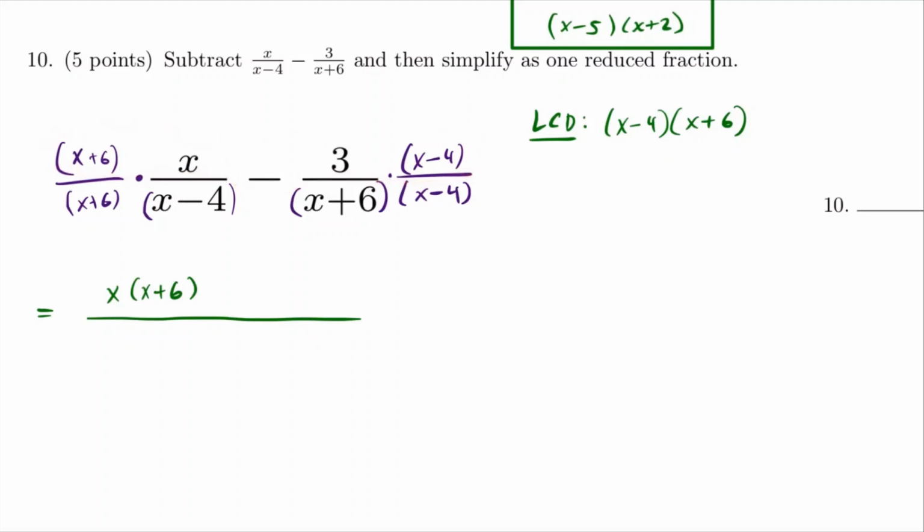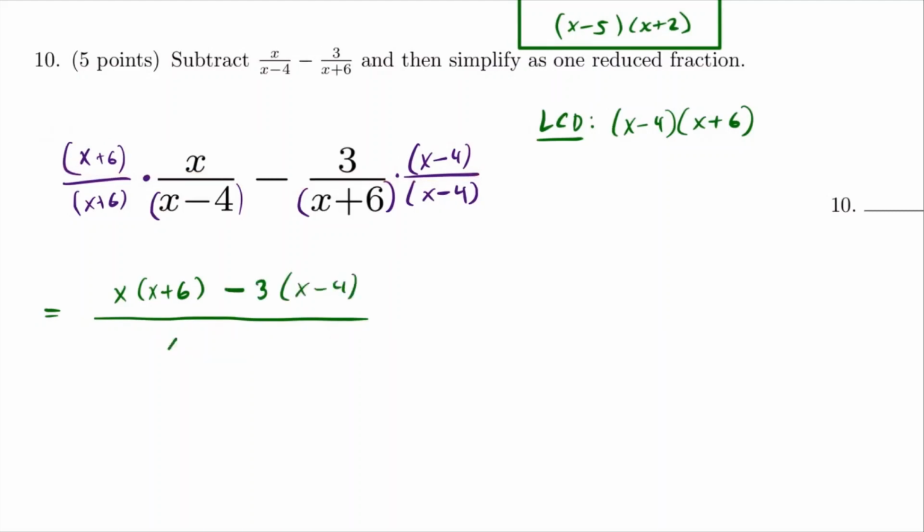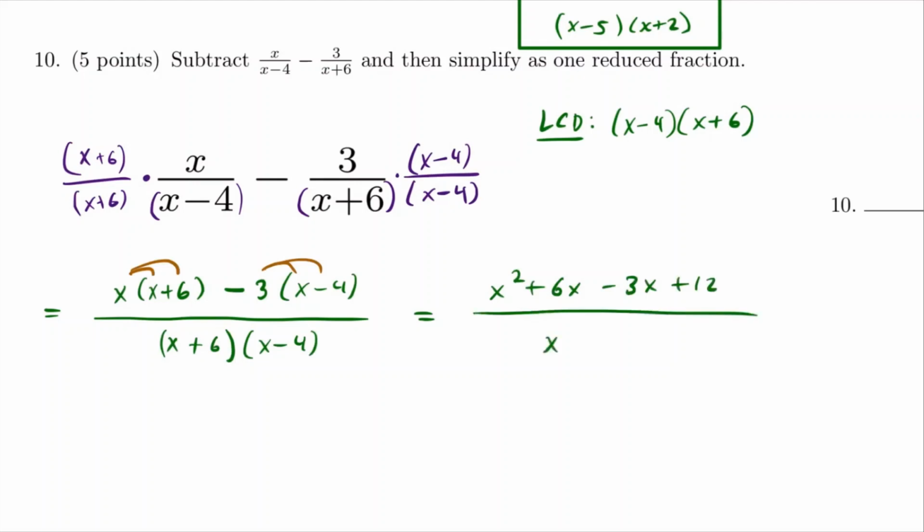So let's rewrite. It'll be minus 3 times x minus 4 all over the same denominator, x plus 6 times x minus 4. Now we got some distributions to do. So here I distribute the x, here I distribute the negative 3. So that gives me x squared plus 6x, and then negative 3x plus 12 all over the same denominator.